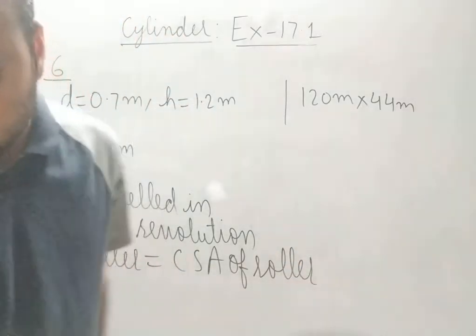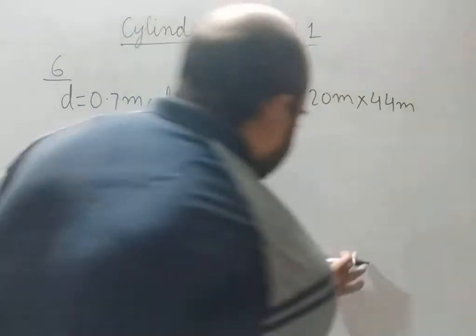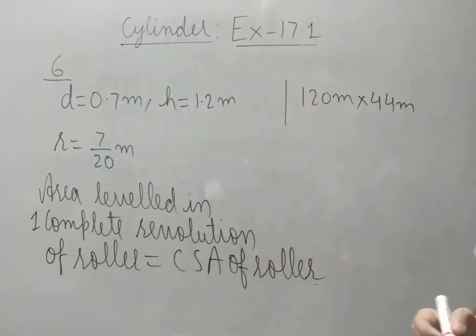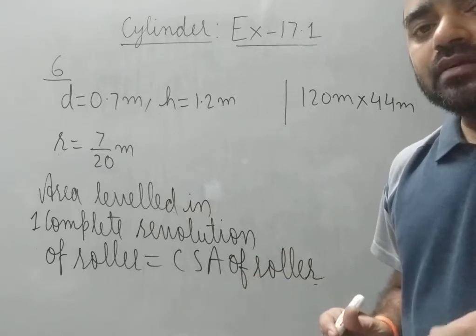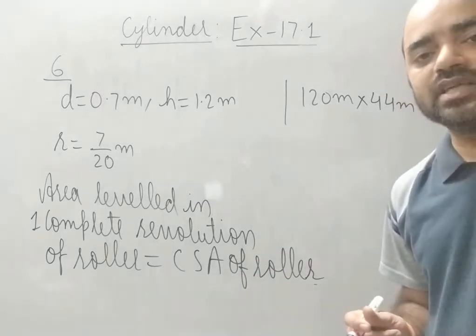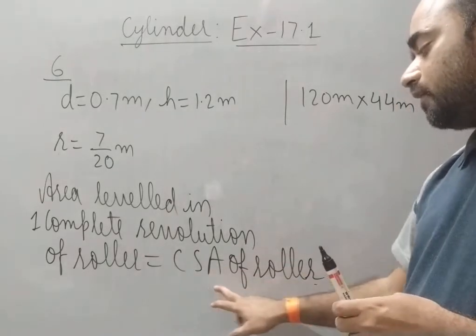Correct? Clear? So this is the only concept you have to remember. Area leveled in one complete revolution of a road roller or cylinder is equal to curved surface area of roller.